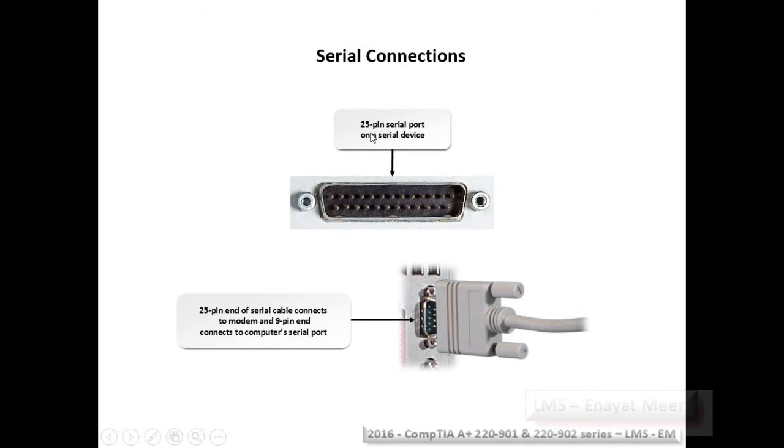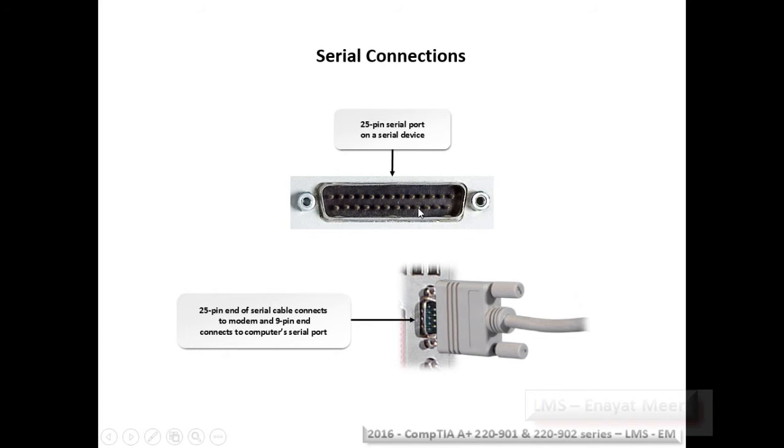Serial connections, 25 pin serial port on a serial device. This is a device, and this could be a cable, this could be an external modem, which is not very common at this time in 2016, but this is a 25 pin.